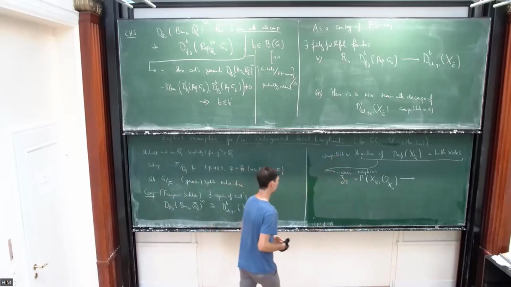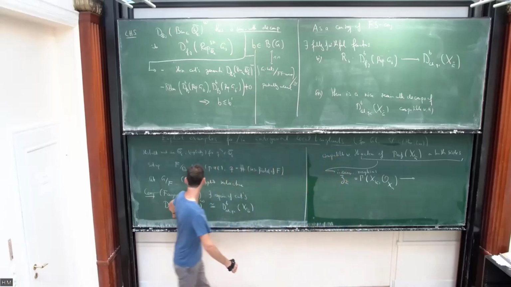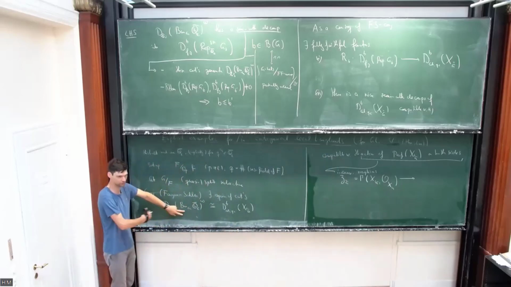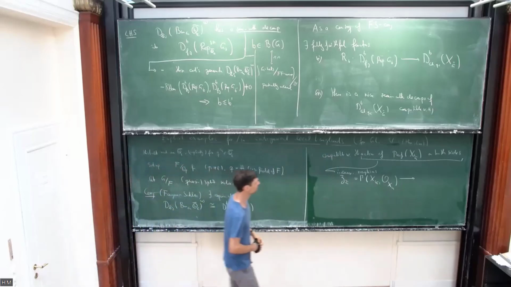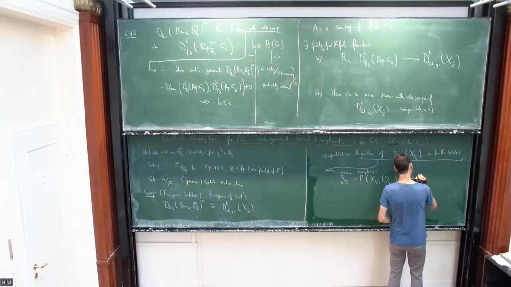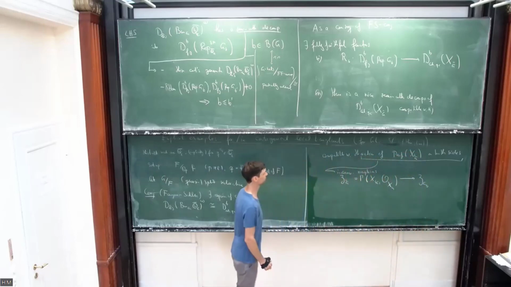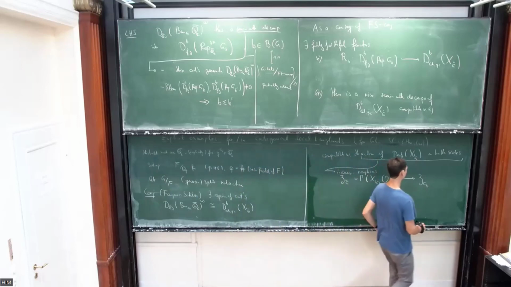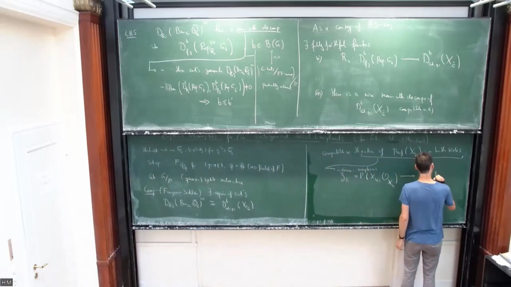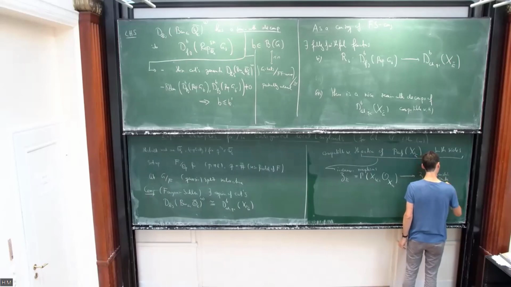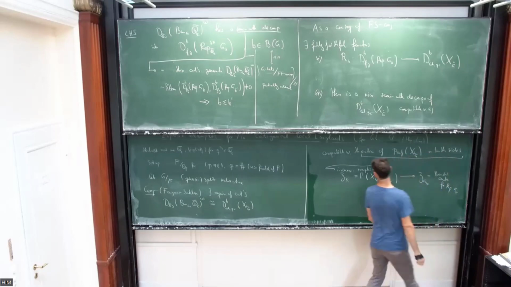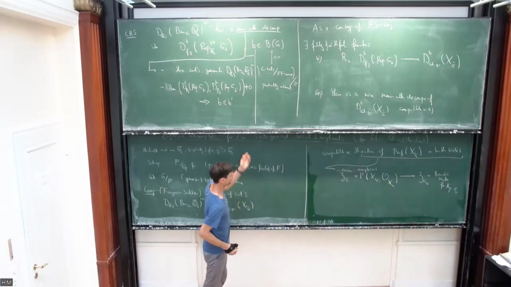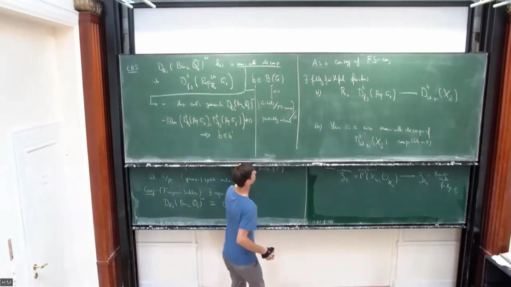And so these things should act on here as well, and then you can restrict this action to each stratum, and hence what you get for each stratum is a map to that GB, which is the Bernstein center.